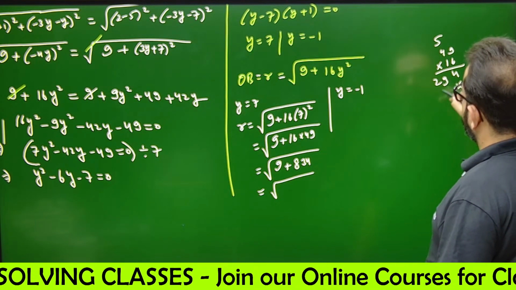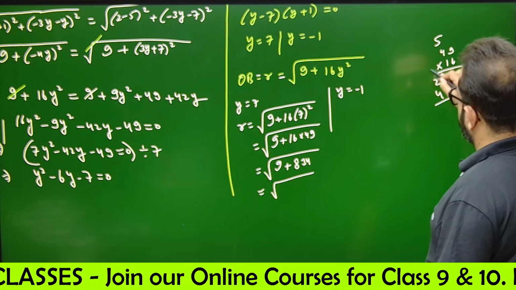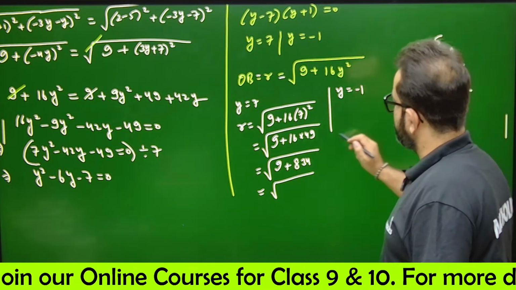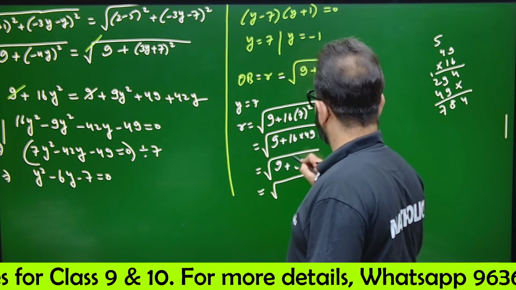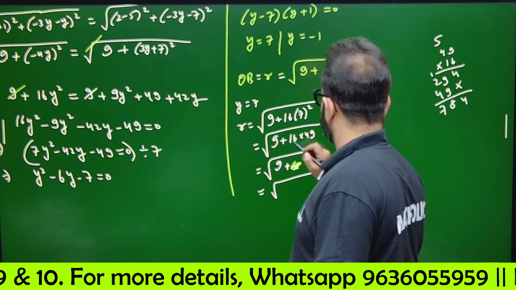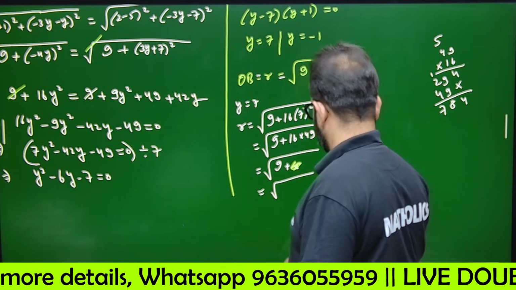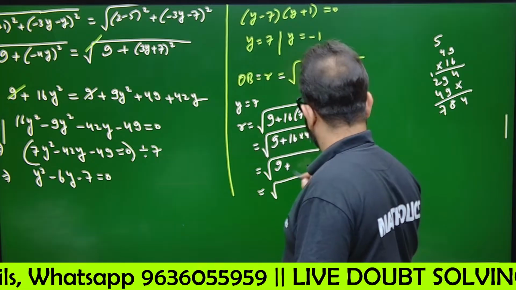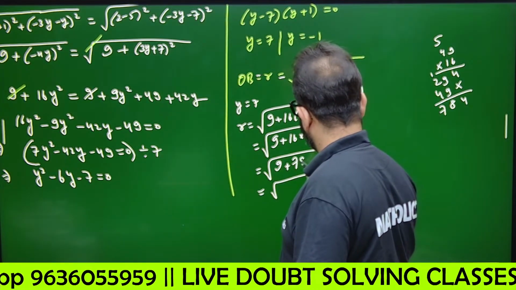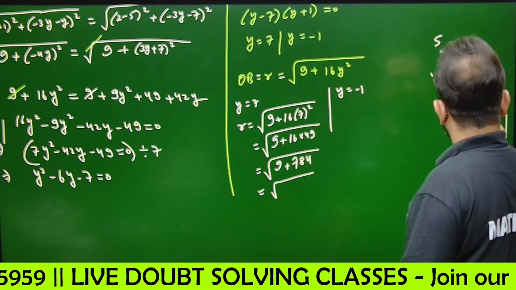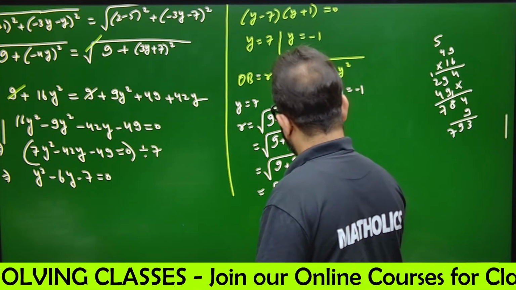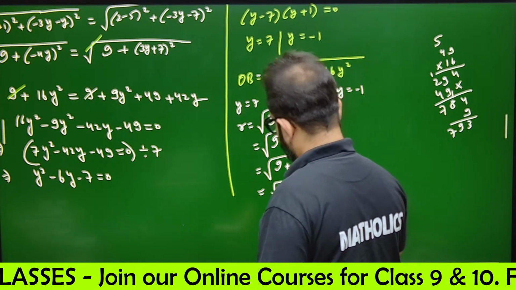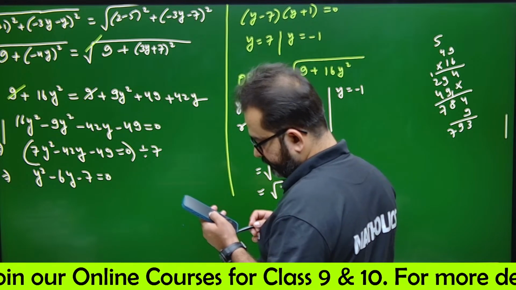Okay, correct. 784 it is. 50 will be subtracted, no? Yes. So it is 784. 784 and 9 is 793. Under root 793.